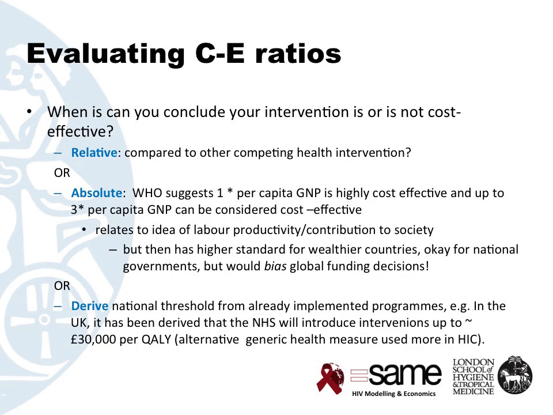However, WHO has provided some more useful guidance on an actual threshold. So WHO suggests that 1 to 3 times GNP per capita is a good threshold. So if you think of a country with a per capita income of $3,000 per year, you would say, yes, this 2,625 is good value for money.